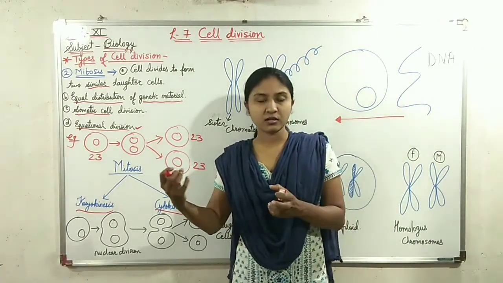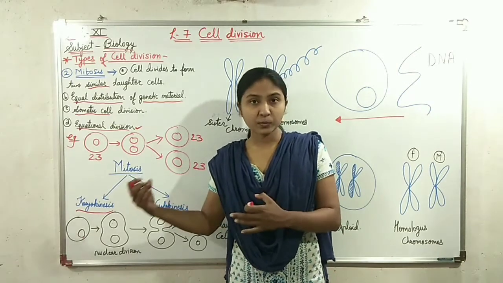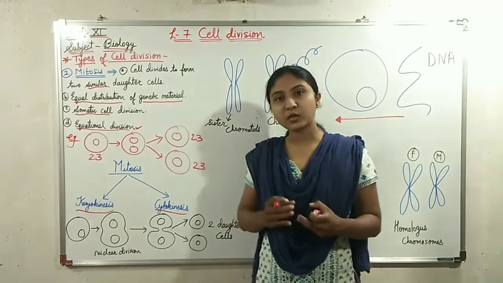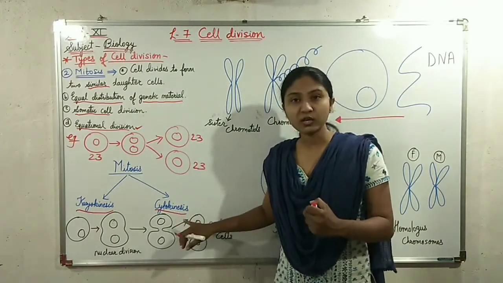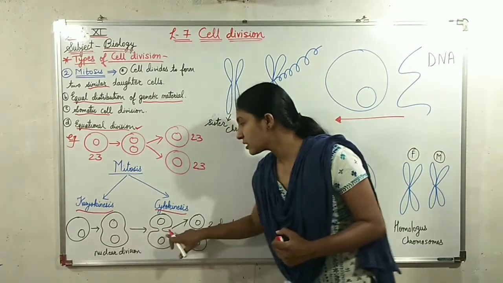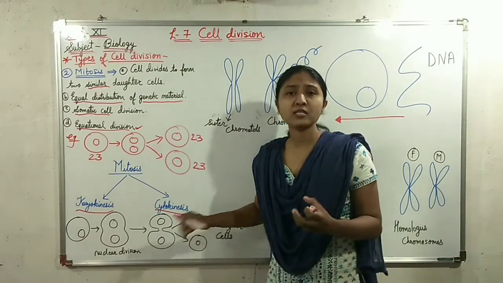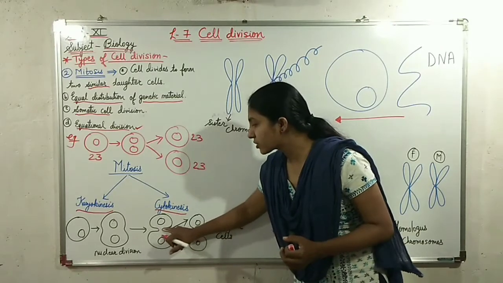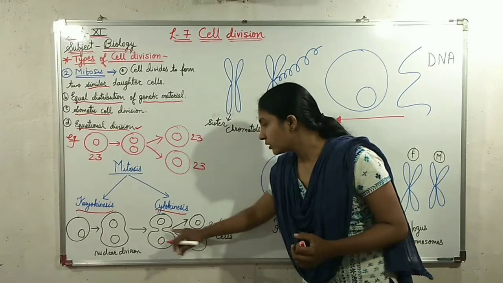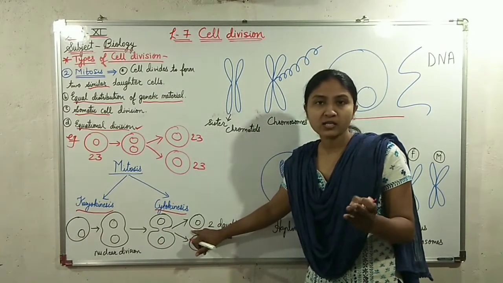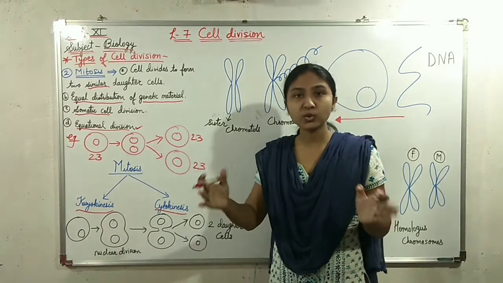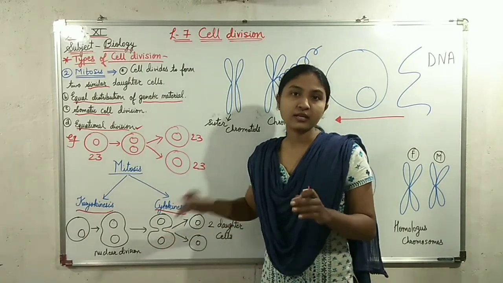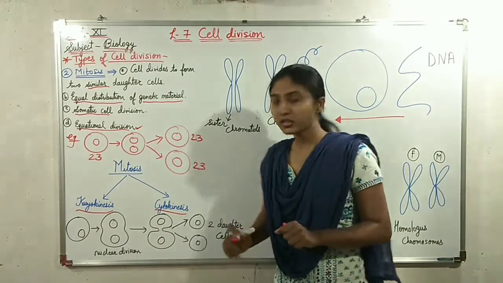Cyto refers to the cell, cytoplasm, and kinesis means division. So the division of cytoplasm takes place here. After the karyokinesis, the cytoplasm shows a constriction in between, and as this constriction gets deeper and deeper, the parent cell is divided into two new daughter cells.